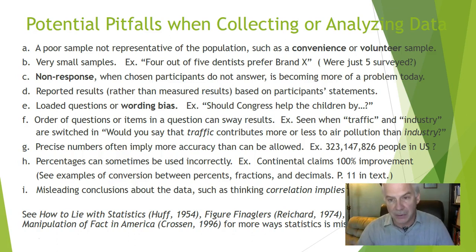They refused to participate. And that's getting more and more of a problem today. People, I don't know why, but they're just too busy or something, and they don't want to respond. If you've randomly picked somebody, you want to get that person's data because you're using the randomness of the selection.